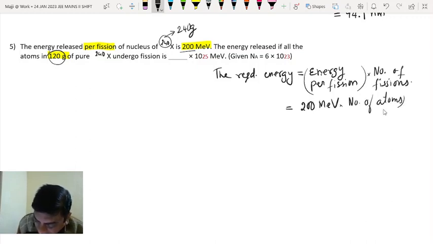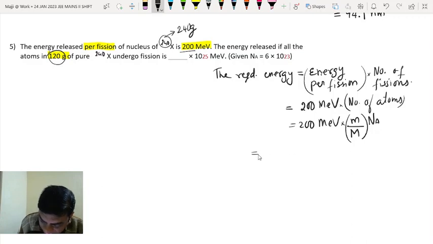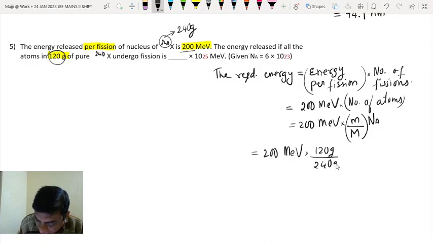And number of atoms is nothing but number of moles multiplied by Avogadro number. So this is 200 million electron volt, mass is 120 gram, atomic mass is 240 grams, and Avogadro's number is given as 6 into 10 to the power 23.